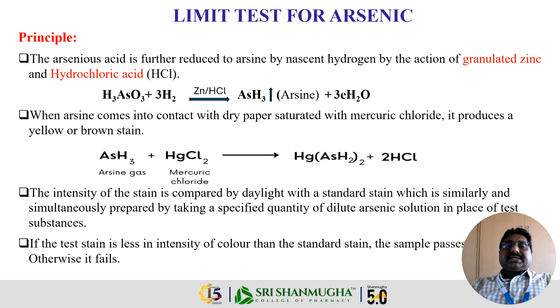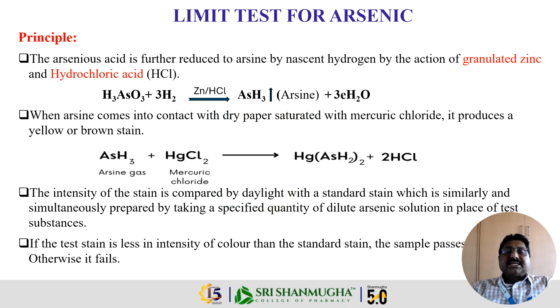So after converting arsenic acid into arsenious acid, the next step is reduction to arsenic gas. This is done using granulated zinc and hydrochloric acid. Zinc reacts with hydrochloric acid to produce nascent hydrogen, which reduces arsenious acid to arsenic gas.